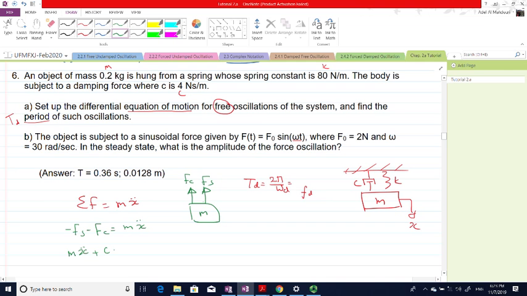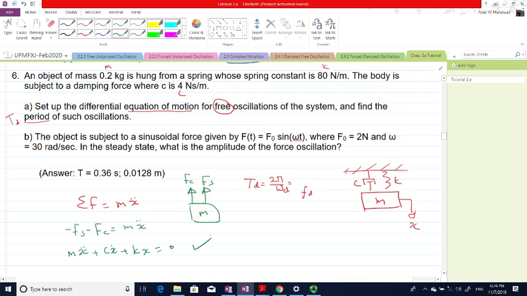The damping force will be the constant C multiplied by the velocity x dot, because the damper reduces the velocity, and the spring reduces the displacement. This is the difference between the damper and the spring stiffness. So we have m x double dot plus C x dot plus k x equal to 0. This is the equation of motion.